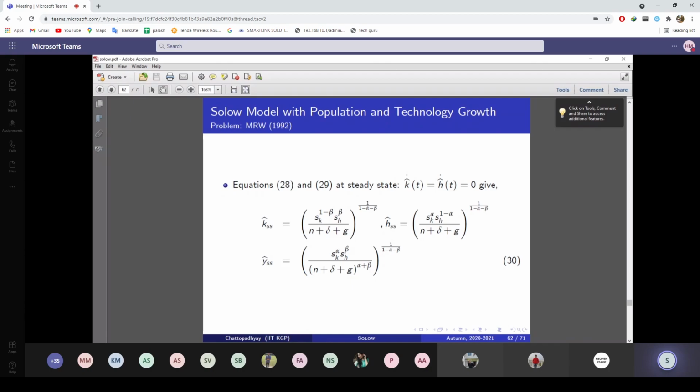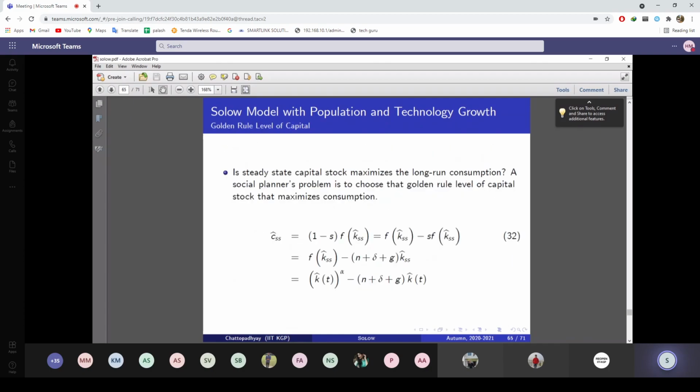Then the last topic of the Solow model we will discuss is this. As I said, when my savings rate changes, I have an unambiguous impact on capital stock, output, consumption, and everything. But when the savings rate changes more or less, I do not know what is happening to my consumption.